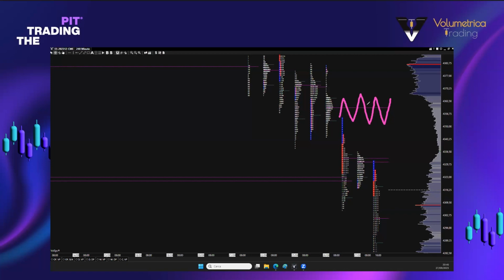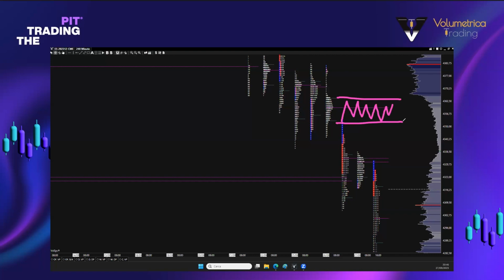So talking about these, we can detect two different behaviors of price, two different statuses of price. Balanced price, which will normally give us rotational sessions.